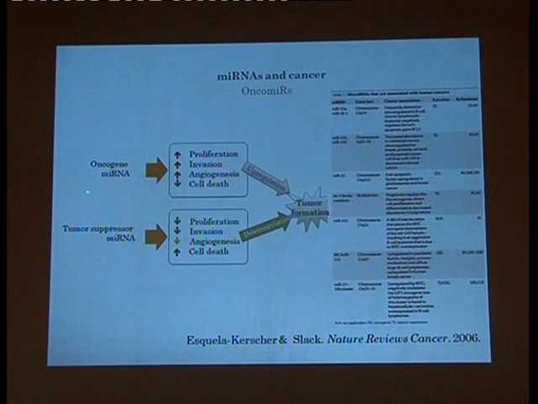One is known as oncogenic microRNA, another is tumor suppressor microRNA. Without going into the detail, upregulation of oncogenic microRNA causes tumor formation, or downregulation of tumor suppressive microRNA again gives tumor formation. So that means oncogenic microRNA pathways or tumor suppressor microRNA pathways are becoming targets to control tumor formation.